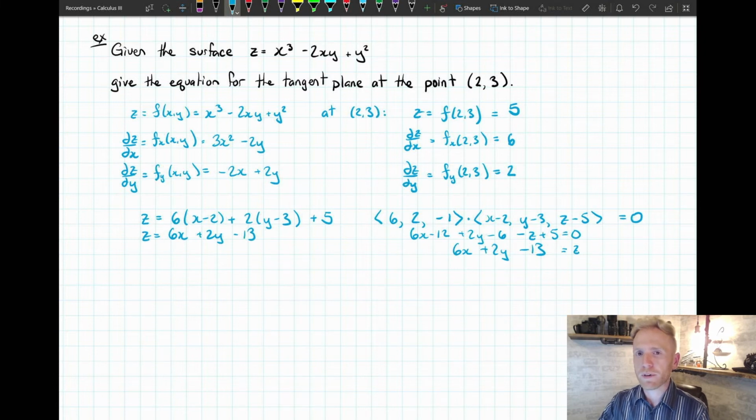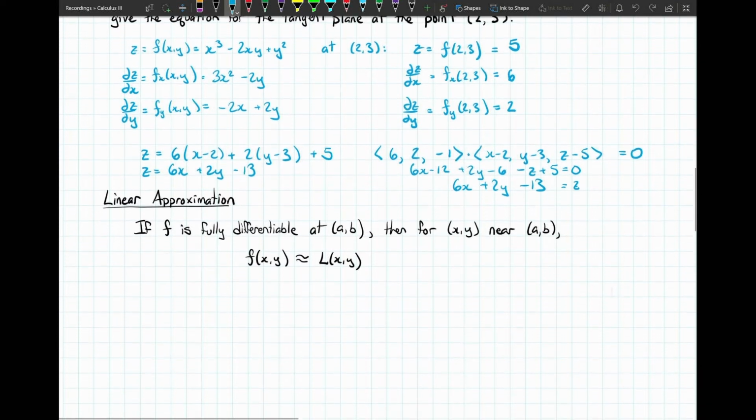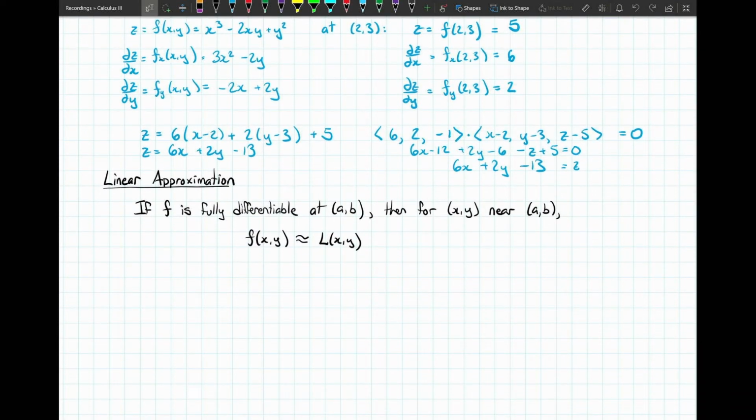That's called linear approximation. In linear approximation, assuming that we have a fully differentiable function at a point a comma b, then if we were to travel to a point nearby instead of at a, b, we just move slightly in one direction or another to another point x comma y that's close to a comma b, then the function evaluated at x comma y is approximately equal to L evaluated at x comma y, where L is the equation of our tangent plane.